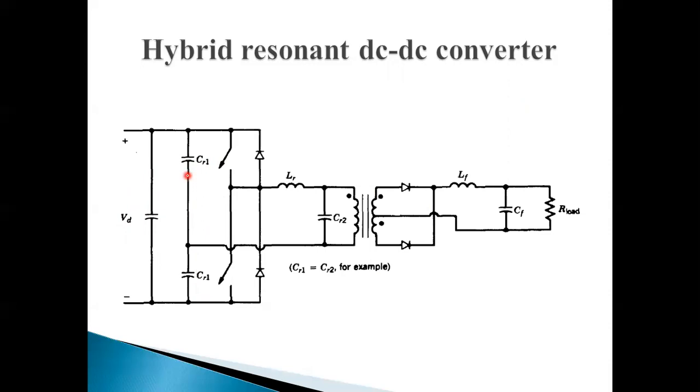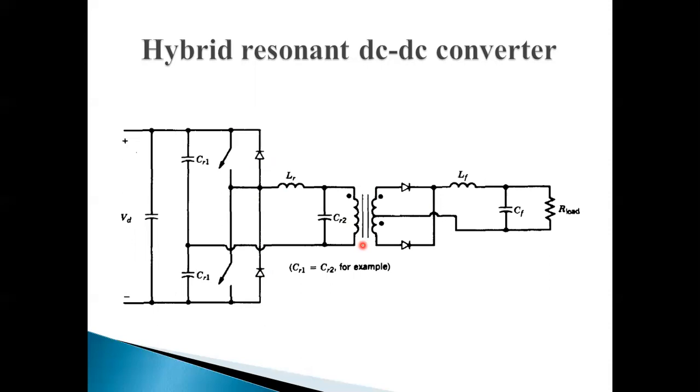This is LR and this is CR2. These are two switches provided in the circuit. You can use a thyristor, IGBT, MOSFET, whatever you want. After that, these are two diodes, and there is one midpoint transformer provided in this circuit.